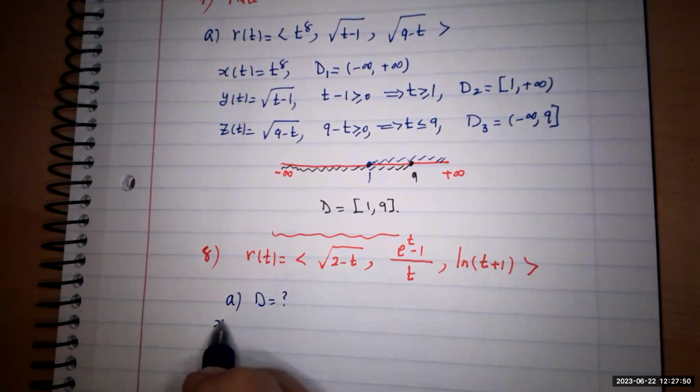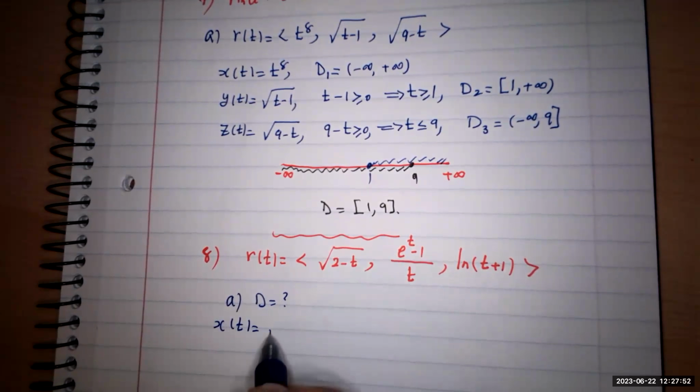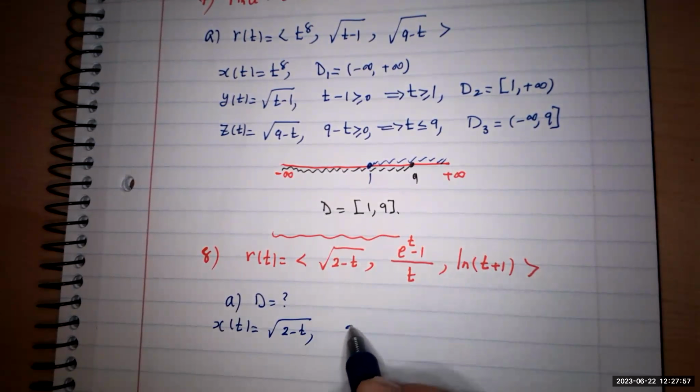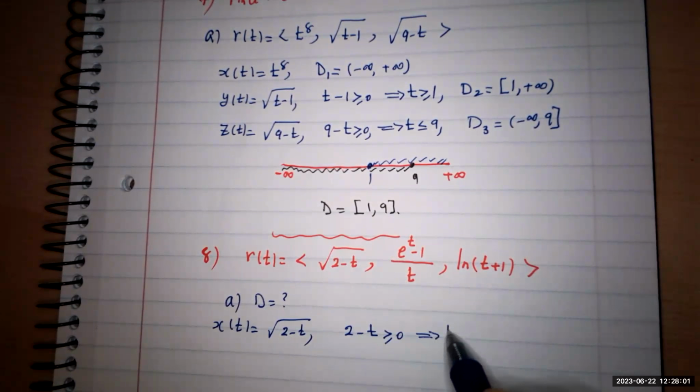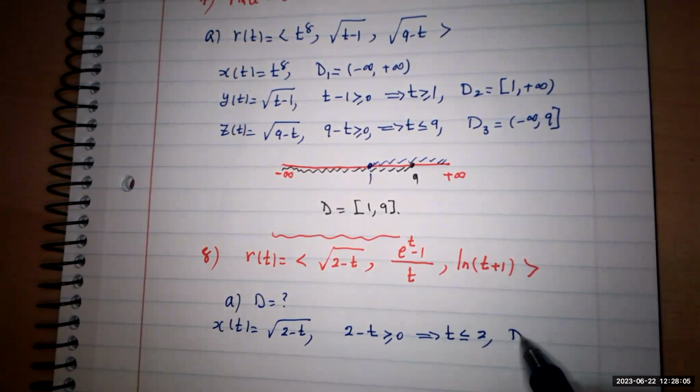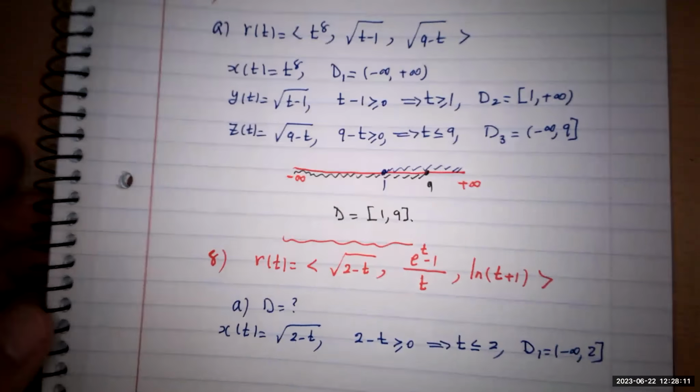Again, x of t is equal to the radical 2 minus t. So 2 minus t must be greater than or equal to 0. That implies that t is less than or equal to 2. So the domain is negative infinity to 2. That's the first part.